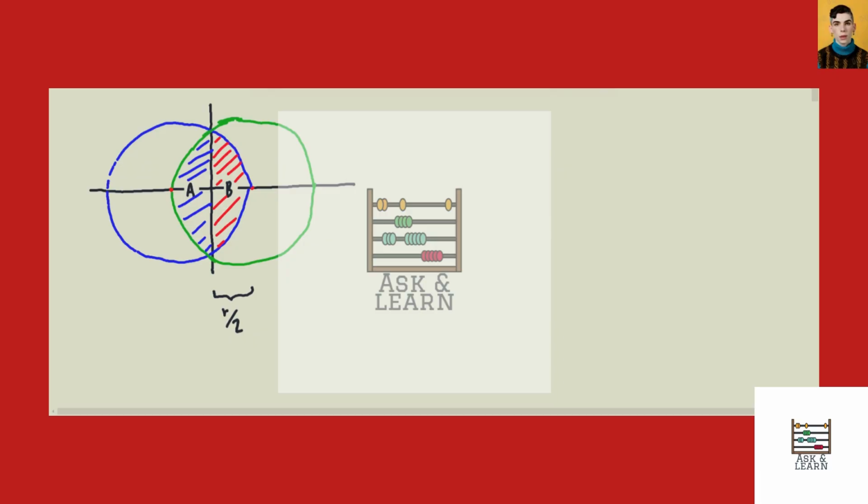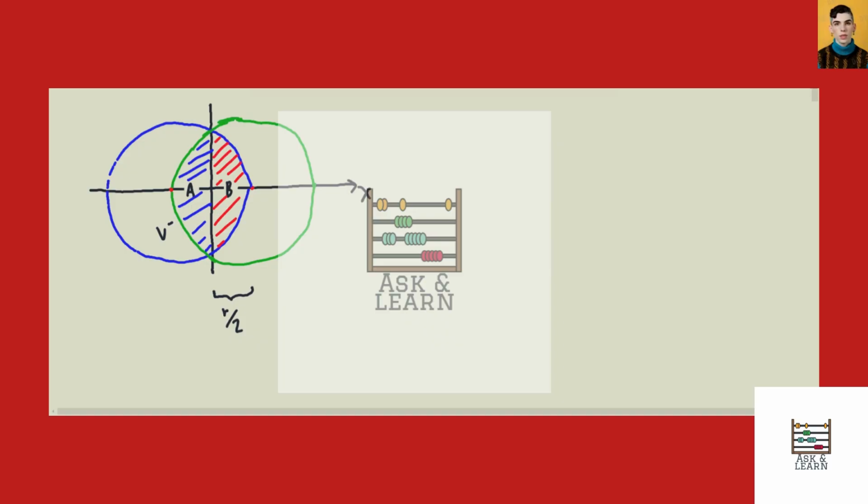And with that said, we can notice from symmetry that the volume of A rotated about the x-axis, which we are going to call B minus, equals the volume of B rotated about the x-axis.